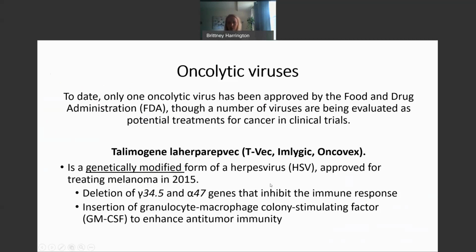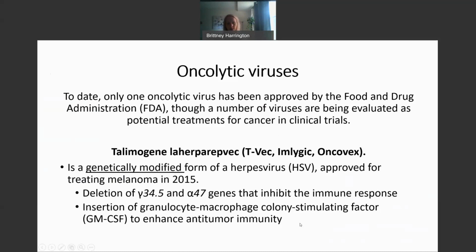It's very good at infecting cells, but it has some genes removed that are able to inhibit the immune response. And also, they've inserted a gene that enhances anti-tumor immunity by recruiting the immune cells to that site.